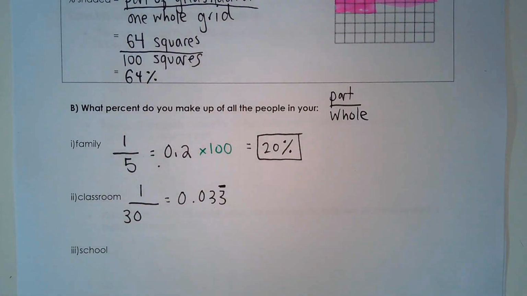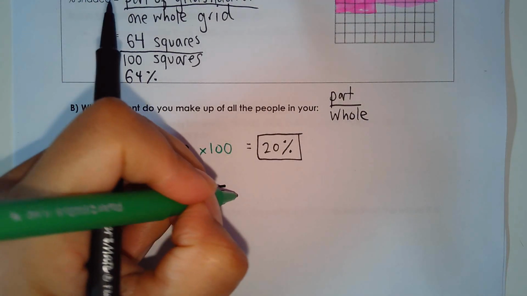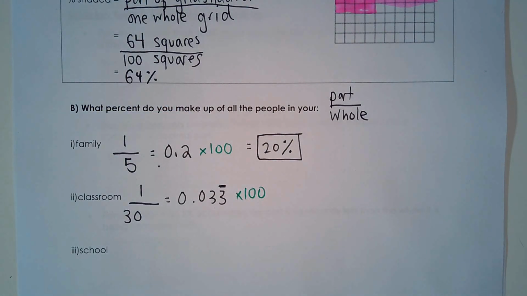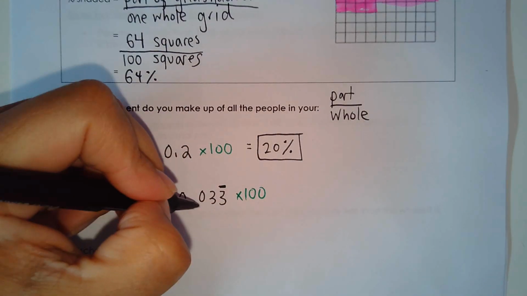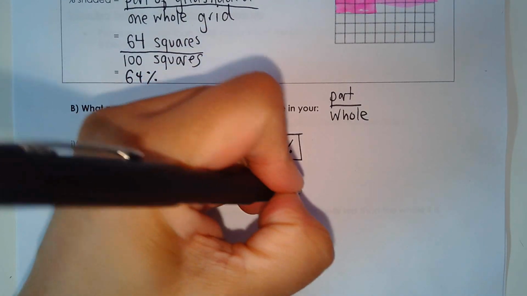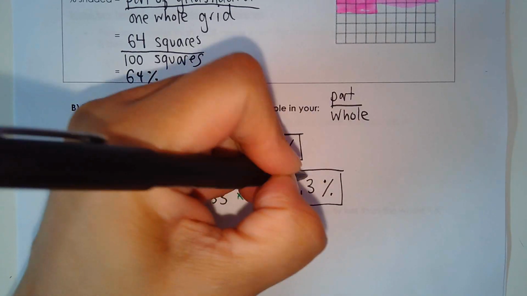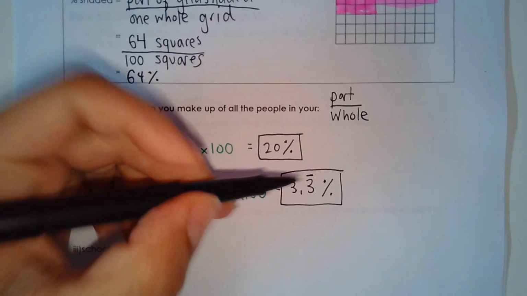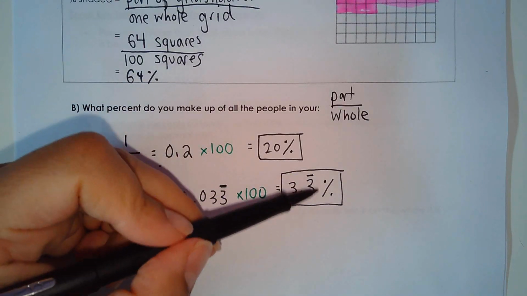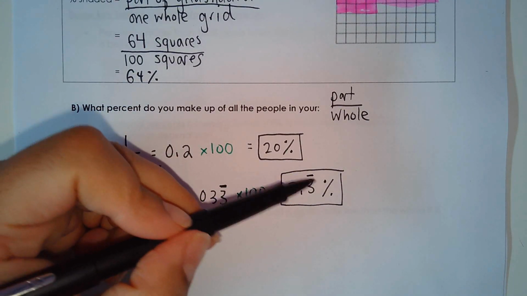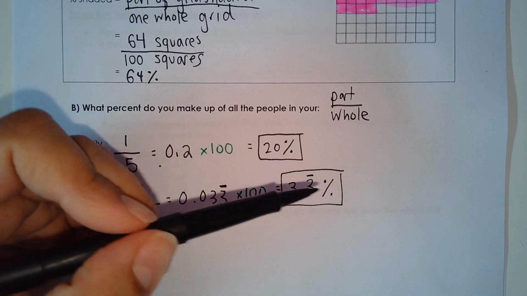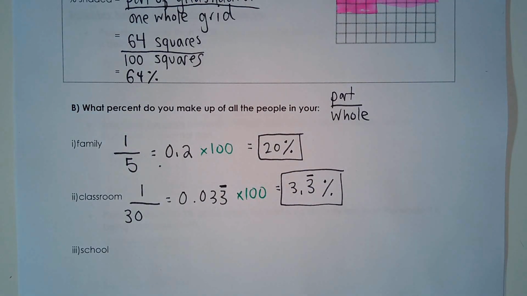I want to turn that decimal into a percent, so I multiply it by 100 and I get 3.3% repeated. So it's a little bit smaller. Notice this percent includes a decimal portion or a fractional portion. We'll be talking about those a little bit later.